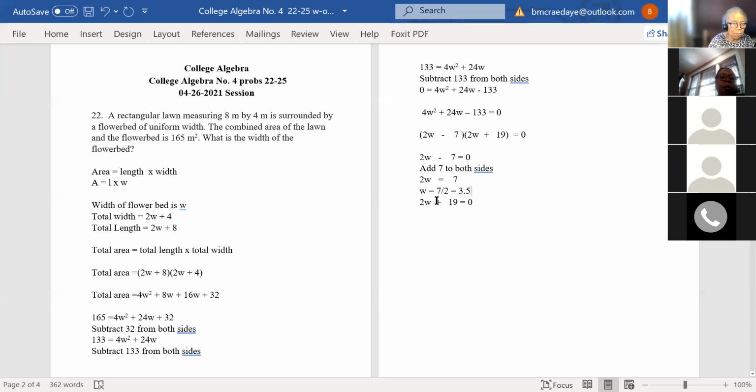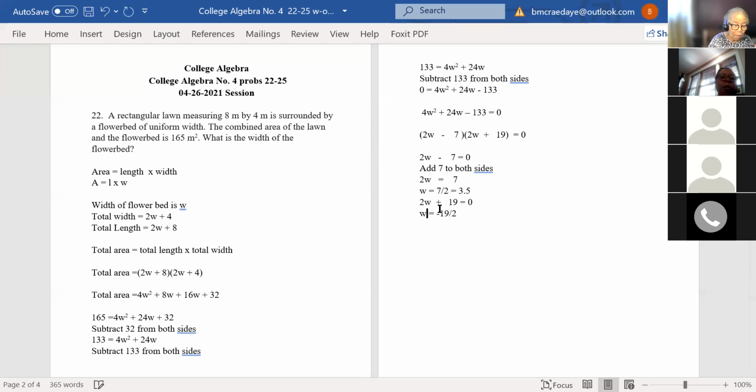If 2W plus 19 is equal to 0, Latoya, what's W equal to? It's gonna be minus 19 divided by 2. That would be minus 9.5. So that's what W is equal to, right?